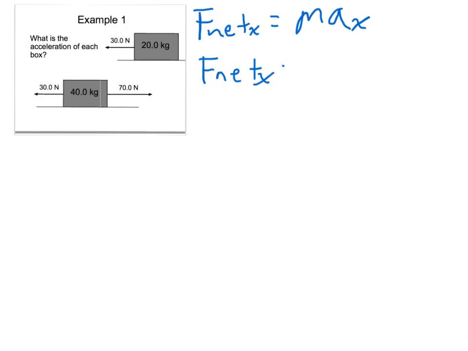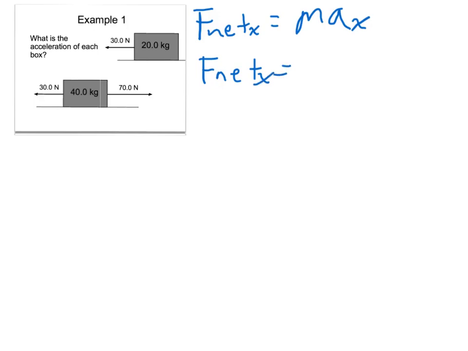All right, let's find the acceleration of the second box, and hopefully this will go faster. I'm going to jump into x. F net x equals mass times acceleration in x. We need to know the net force in x, so let's write that out. F net x.